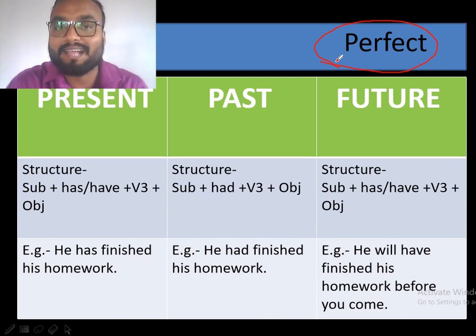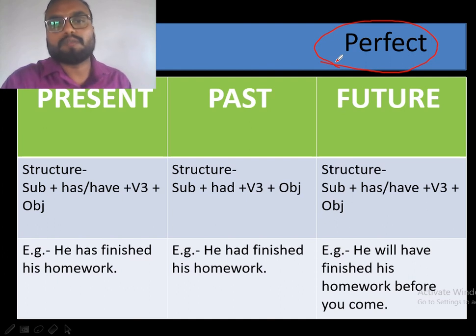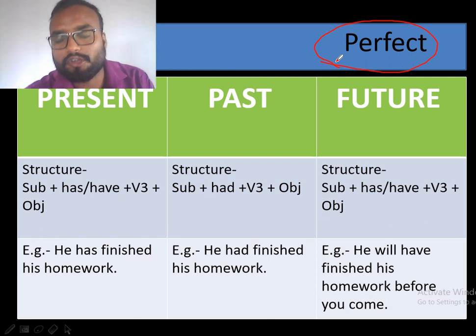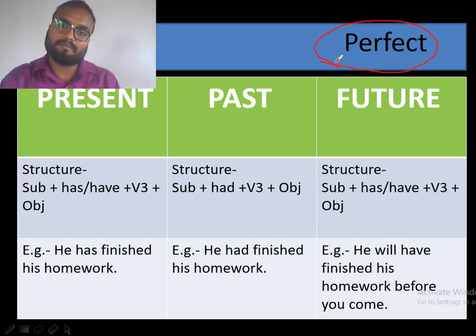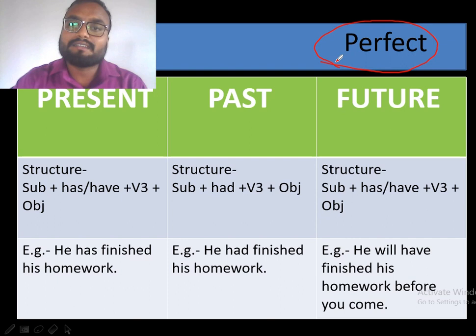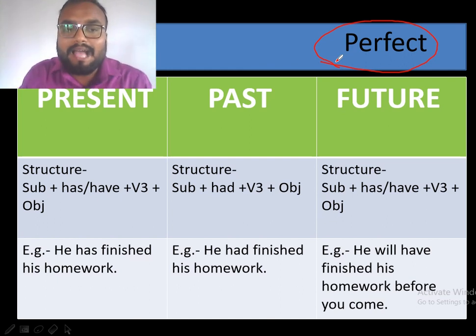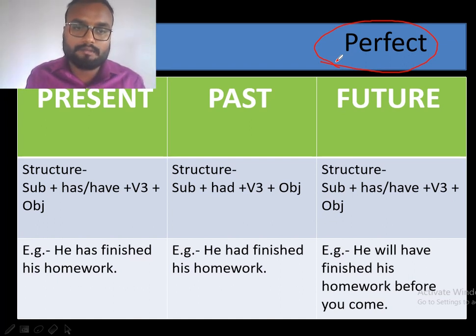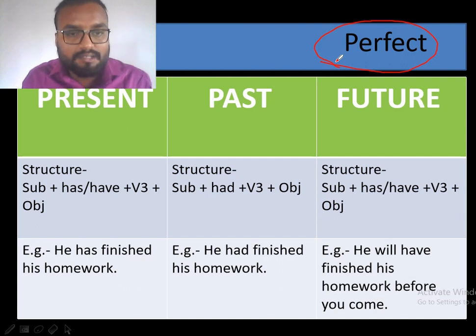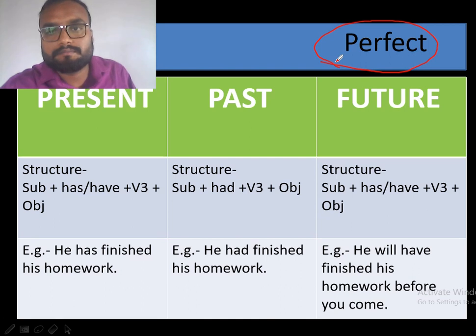Perfect refers to action, to denote the completeness of action at any particular time, whether it is in present, past or future. The action has been completed. It has been perfectly done. It's totally done. So this tense shows the completeness of action.